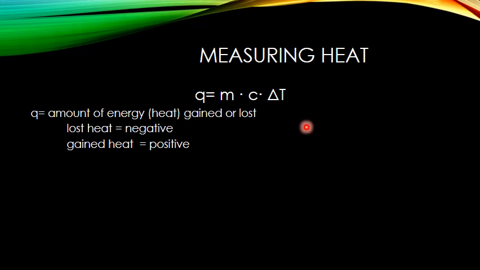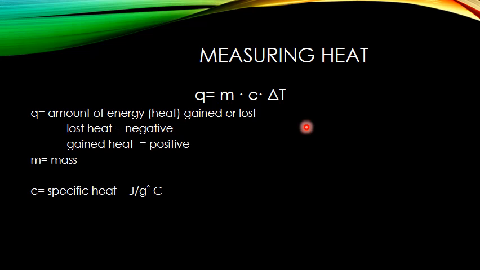If you've gained heat, you're going to be positive. So if your temperature has decreased, you're going to end up with a negative number. It's gotten cooler. If your temperature has increased, or you've gained energy, gained heat, you're going to end up with a positive number. M stands for mass, and the unit for that is going to be grams.